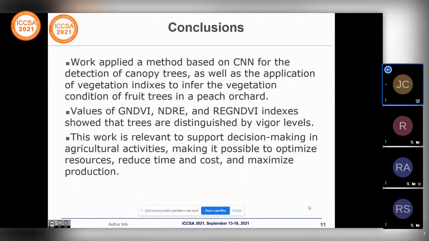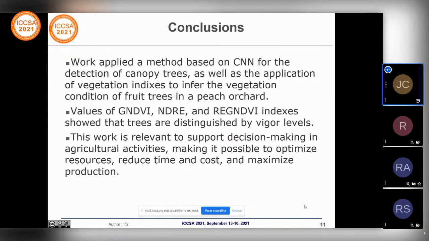In this work, a method based on a convolutional neural network was applied for the detection of tree canopies, as well as the application of vegetation indexes to infer the vegetation conditions of a fruit tree in a peach orchard.